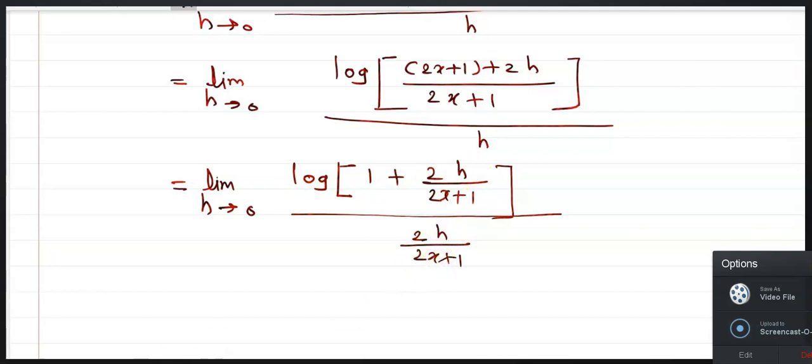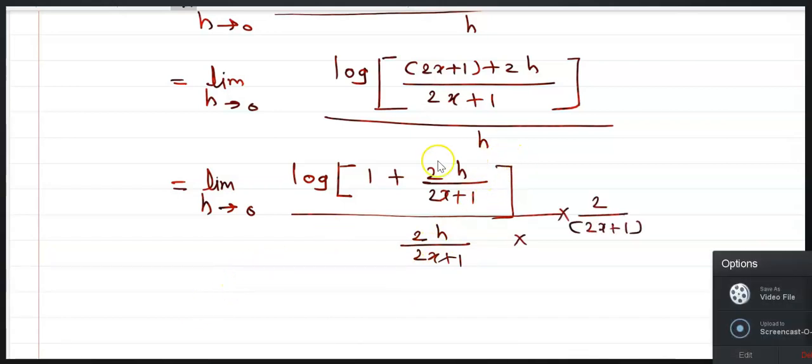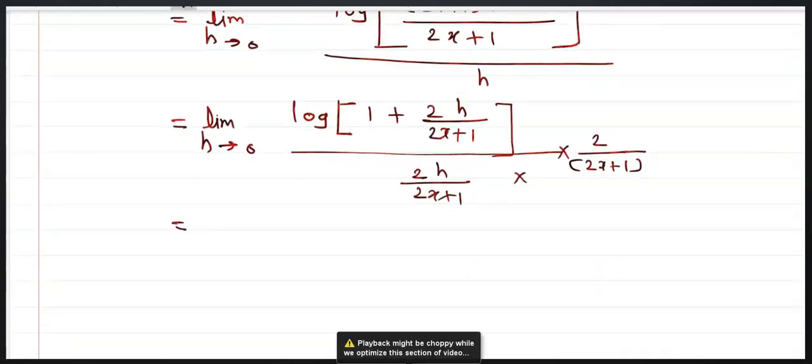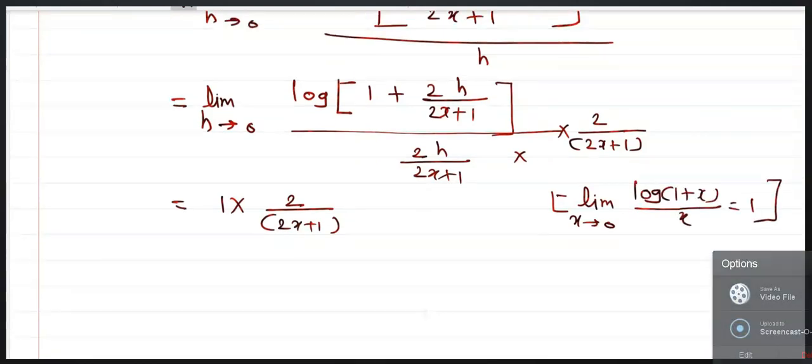That is 2 upon 2x plus 1. The value of this limit is again 1. That is 1 into 2 upon 2x plus 1. Therefore, 1 plus 2 upon 2x plus 1, as this is the formula. That is 2 upon 2x plus 1.